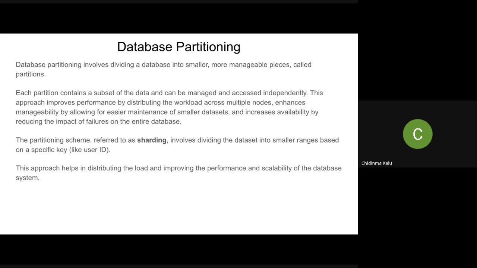So database partitioning basically involves dividing a database into smaller, more manageable pieces called partitions. I think we've talked about partitions in previous chapters, right? Have we, guys? No? Not that I remember. I know we talked about replicas.